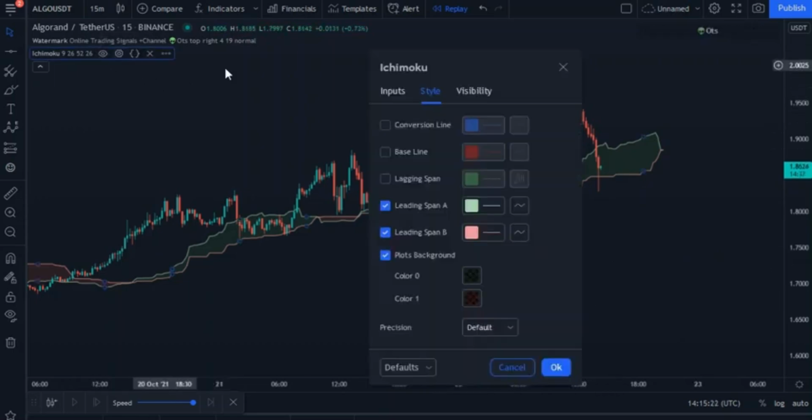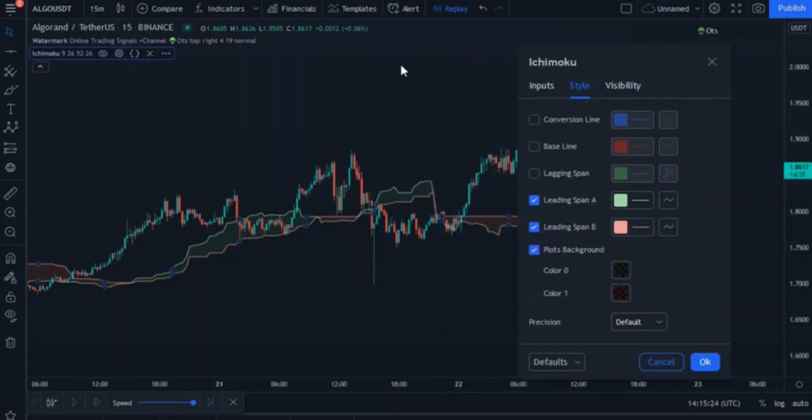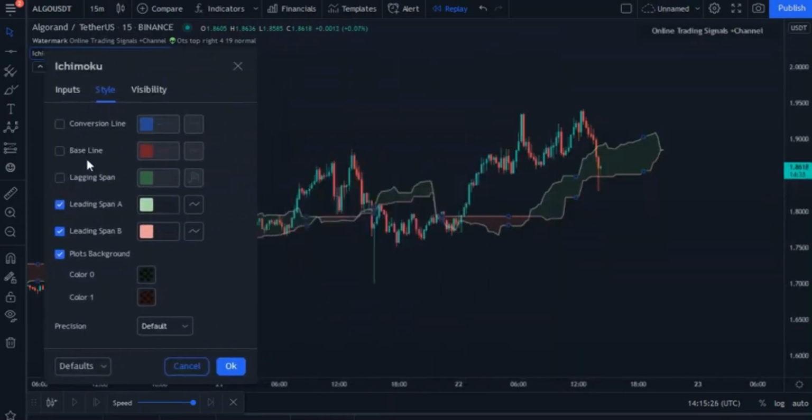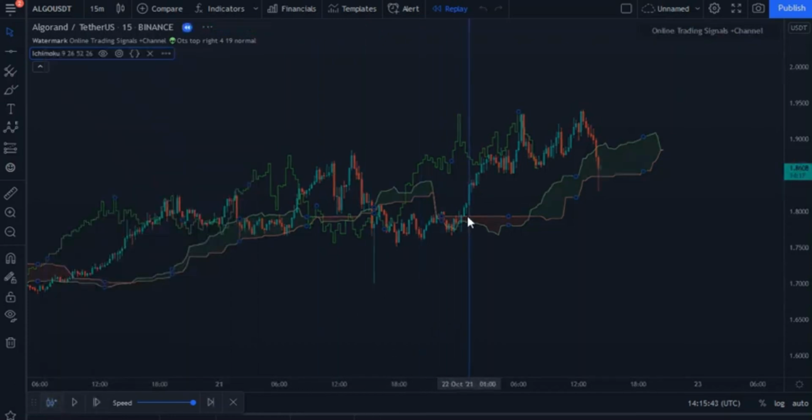After knowing some basics, let's apply the inputs we talked about at the beginning, and let's start with the lagging line. As you see here, when the lagging line breaks out of the cloud, this will be the entry point. And this candle will be the point of purchase. Let's go back in time to understand more.